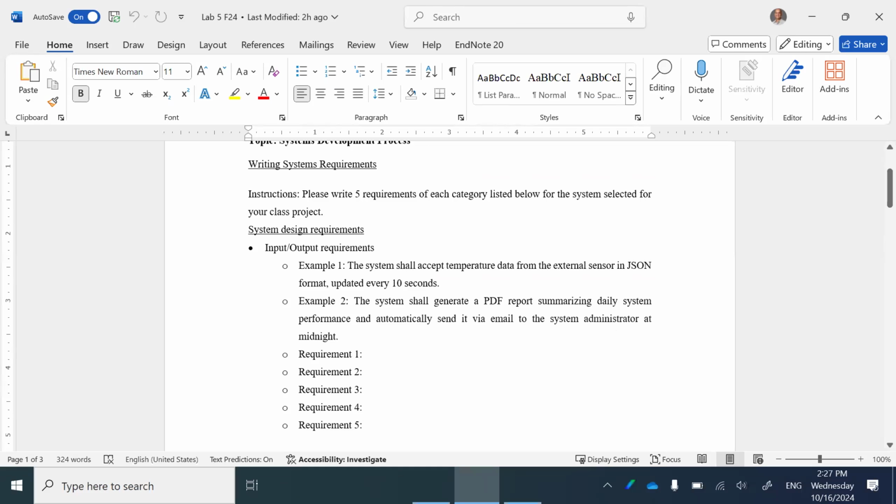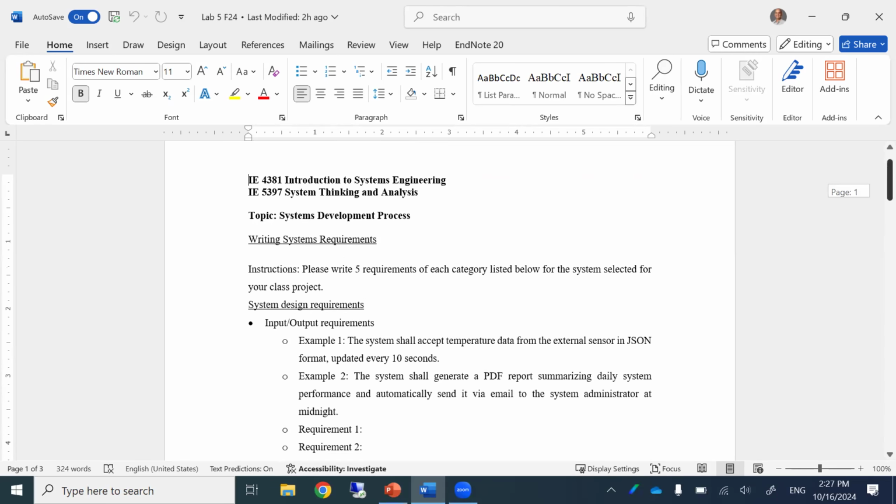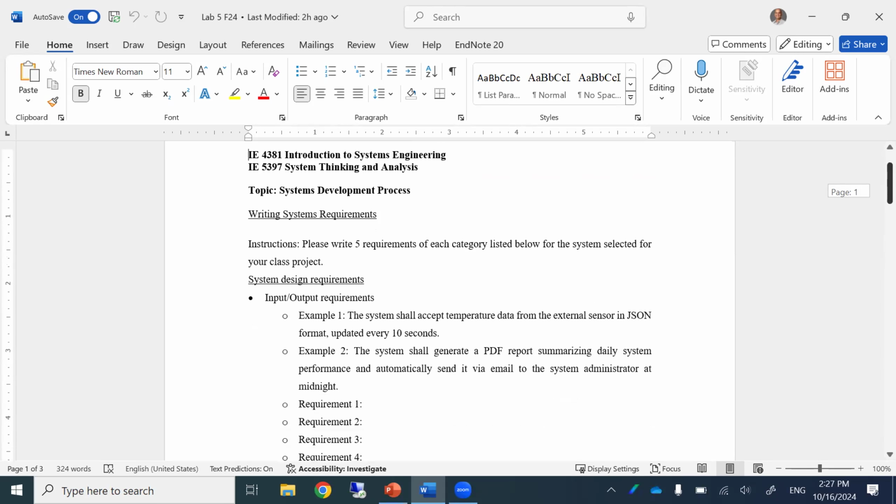This is lab 5, I think. Based on what we have discussed in terms of the different types of requirements, I am asking you to write 5 requirements of each category for the system that you selected for your class project.